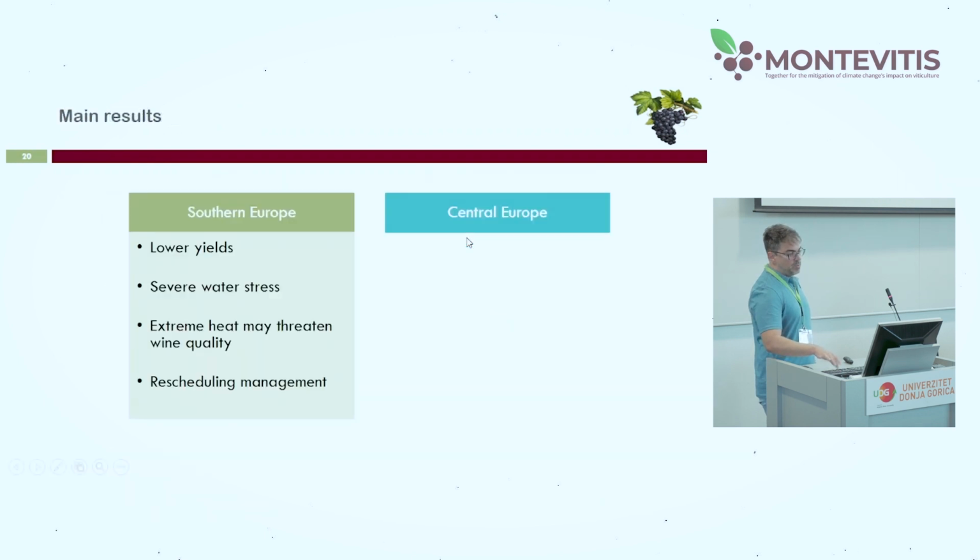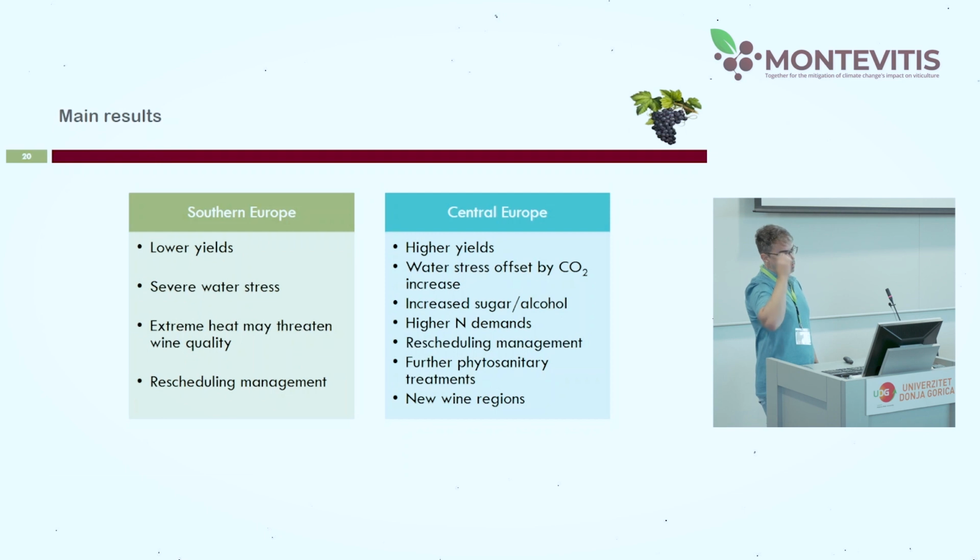So, regarding the main results of this study, we projected lower yields for southern Europe, which are derived from higher water and heat stress. Extreme heat may also threaten the quality of wine, and we also project that since the phenological stages will be affected, leading to possible earlier phenological stages, a rescheduling must be taken into account.